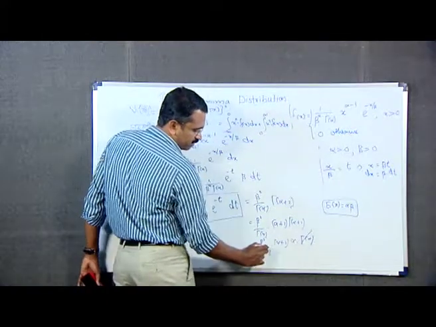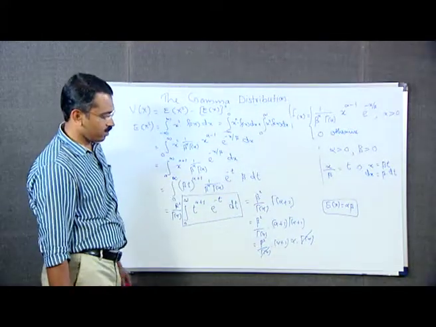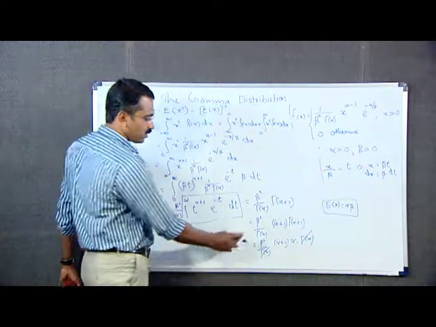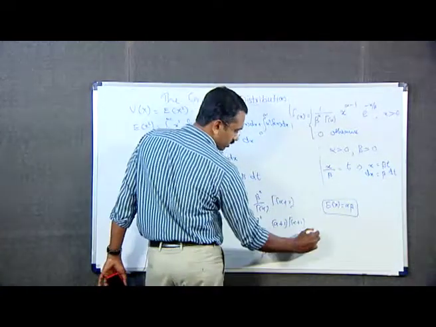Therefore, gamma alpha and gamma alpha cancel. The remaining terms are alpha into alpha plus 1 beta square.